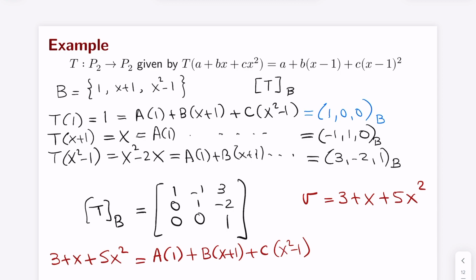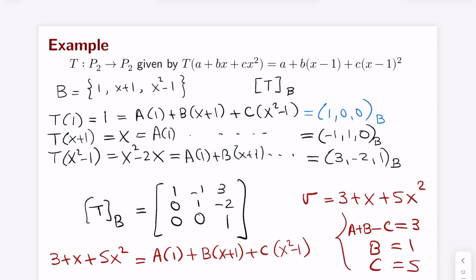We have already done this system several times, so we know that the system is a plus b minus c equals the coefficient with number, which is 3, the other one is just b, and the last one is just c. So b should be equal to 1, and c should be equal to 5 in this case.